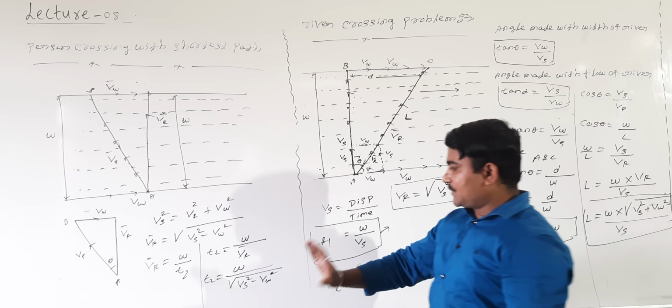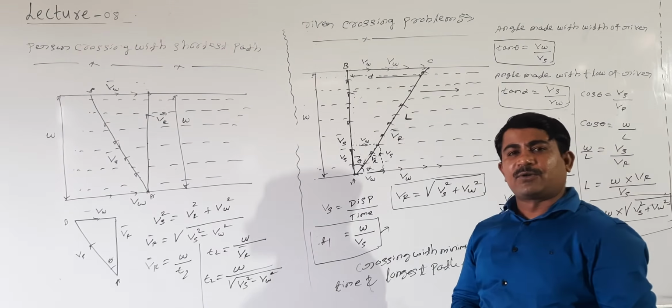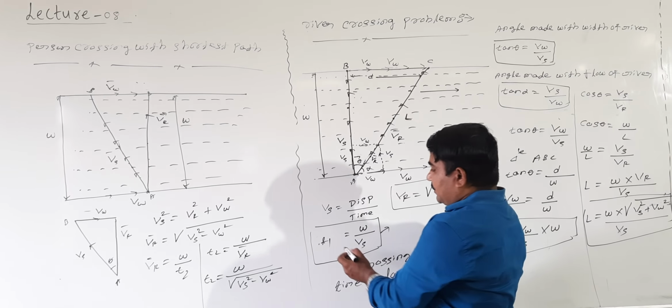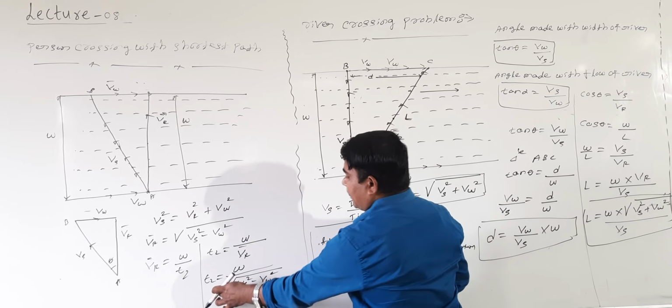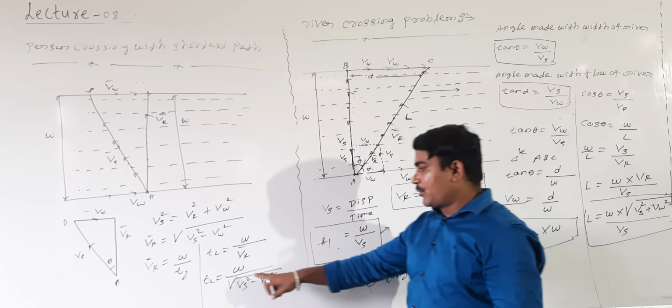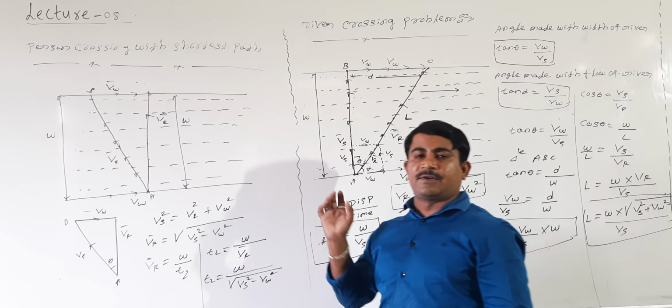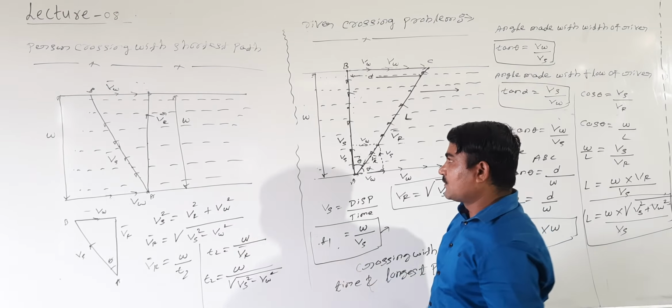See here, look at this time and this time. T1 equal to only W by Vs. But T2 equal to W divided by under root of Vs square minus Vw square. From this, what can I say? T2 is greater than T1.